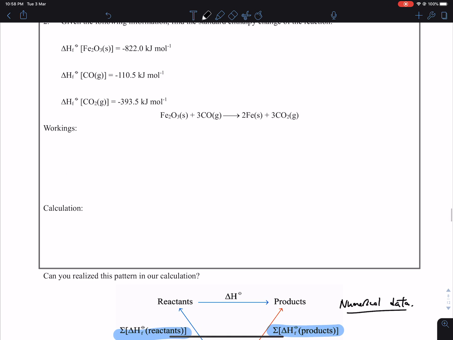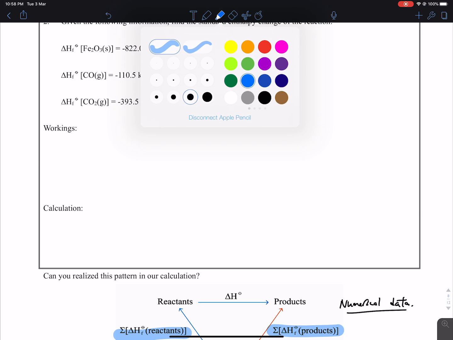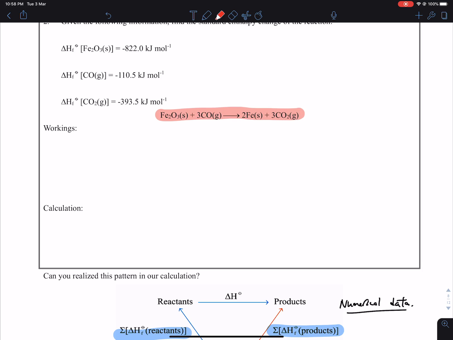So if you know this method, you don't need to draw the enthalpy change cycle again and again, because you can make it very simple. Take a look at the target that we have to calculate. So find the target. This is our target. And what's next? We find all the formation of the product.